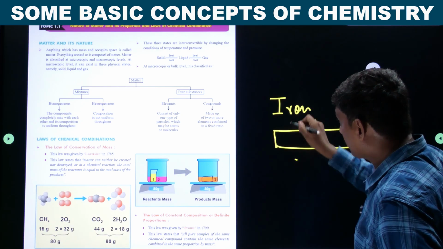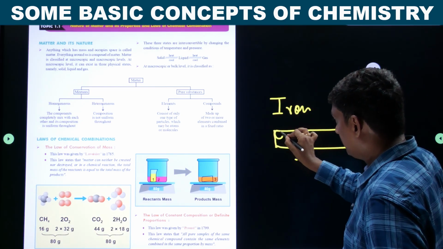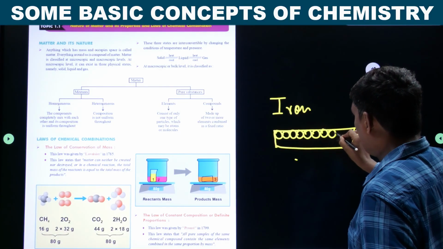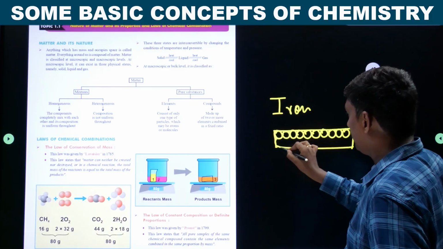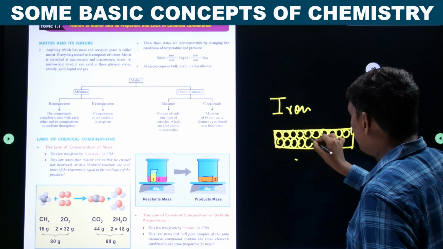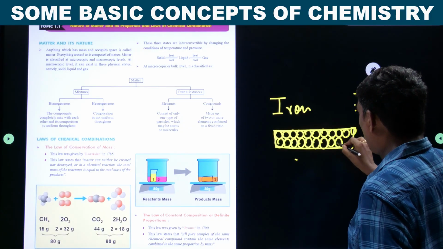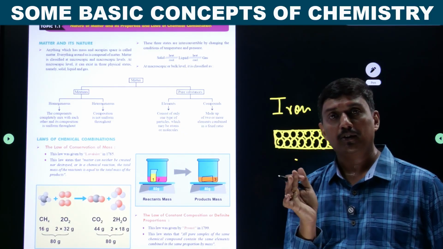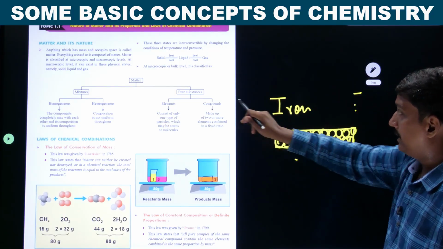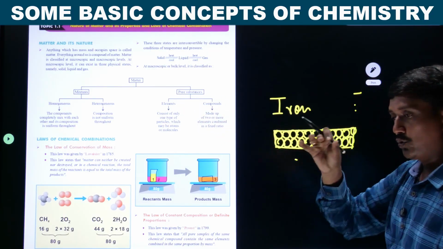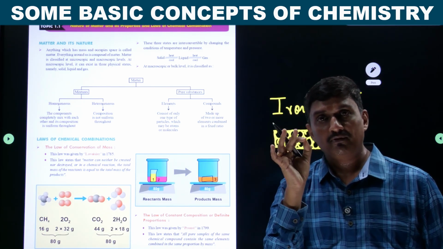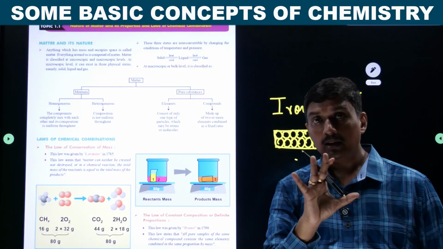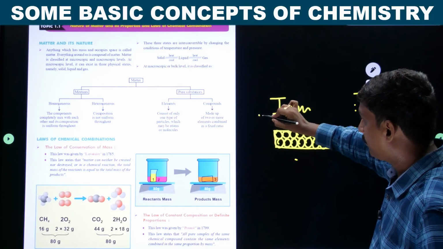Then what makes you say it is iron? The reason is that it is made up of iron atoms. If you take the element iron, it is made up of only iron atoms. You won't find any other atoms like gold, magnesium or sodium. So why is it a pure substance? If you take a pure iron rod, you can find only the atoms of iron, no other substance, no other components. Hence it is said to be in a pure state.